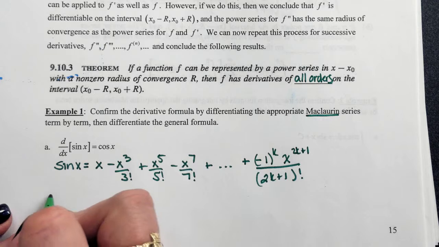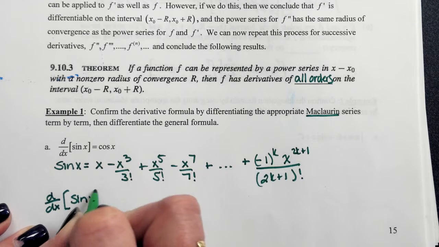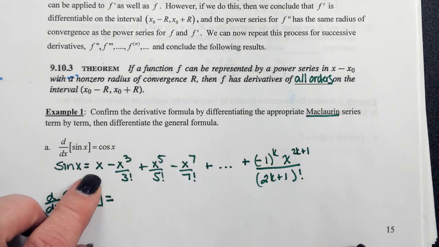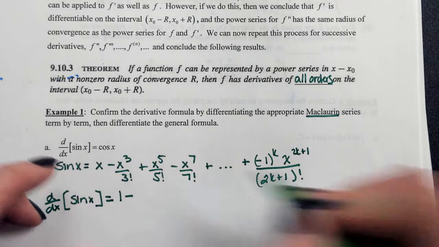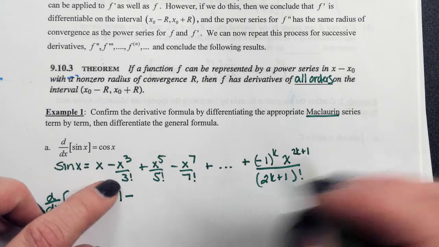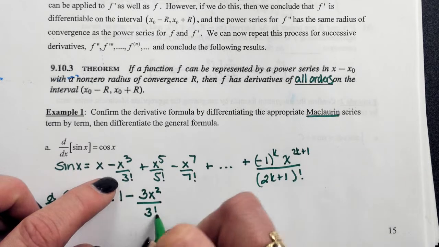So then if I take the derivative of this particular Maclaurin series, I'm simply going to take it term by term. What's the derivative of x? The derivative of x is 1 minus. When I take the derivative of x to the third divided by 3 factorial, I know that's going to be 3x squared over 3 factorial.